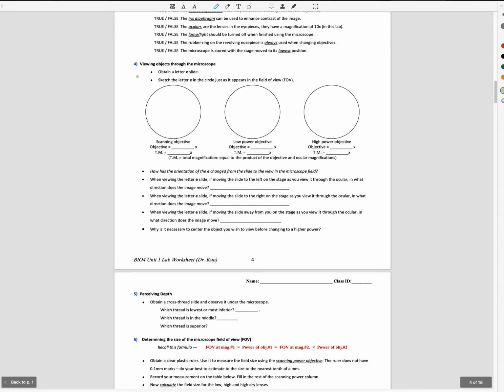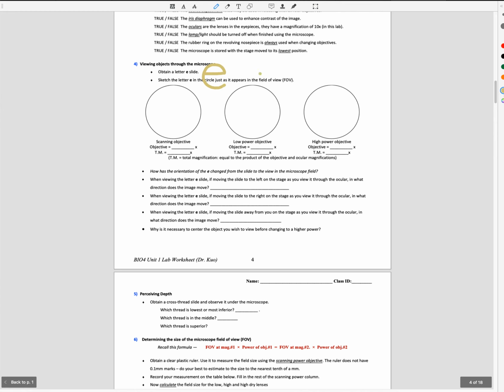this part, number 4, goes over the concept that when you look through a microscope, the image that you see is going to be an inverse of that object in reality. So in this example here, this E is how your slide is going to look, the letter E on it.